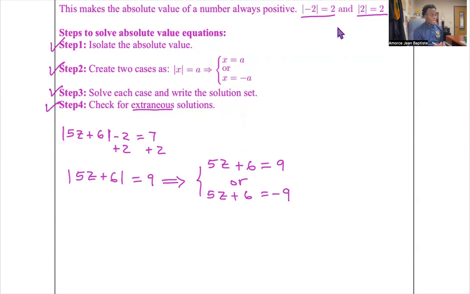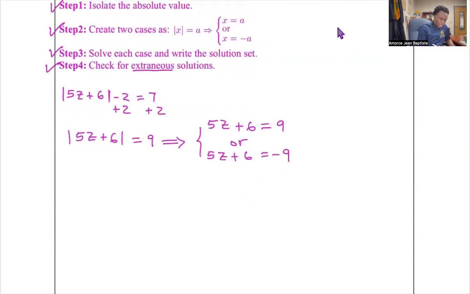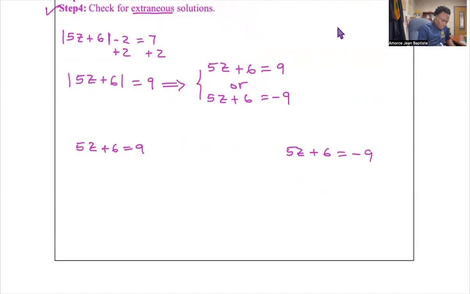Now we're going to go to the next step, which is step 3, solving each case. So 5z plus 6 equals 9, and 5z plus 6 equals -9. We subtract 6. 5z equals 3.